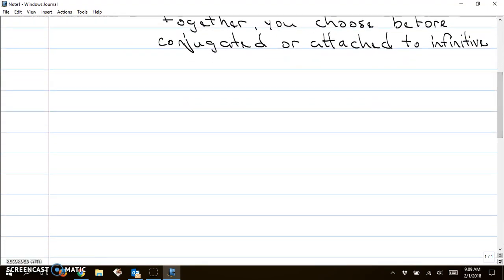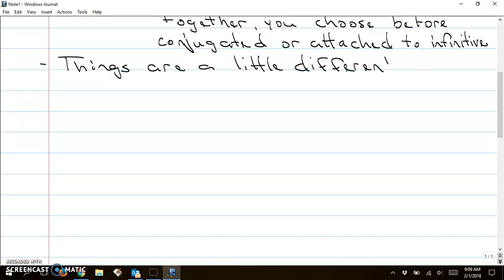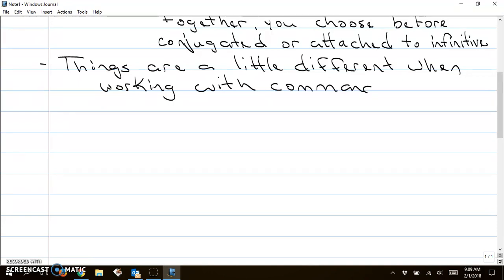Now, things are a little different when working with commands. And by different, I think I actually in this case mean easier.